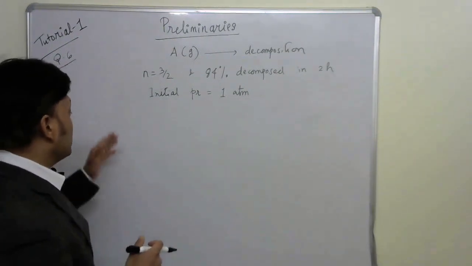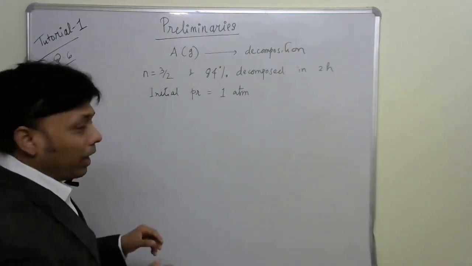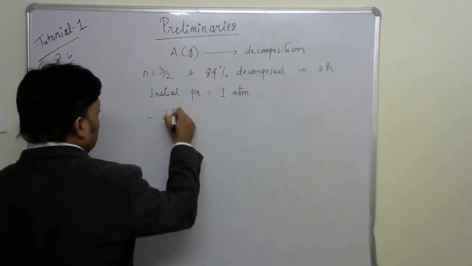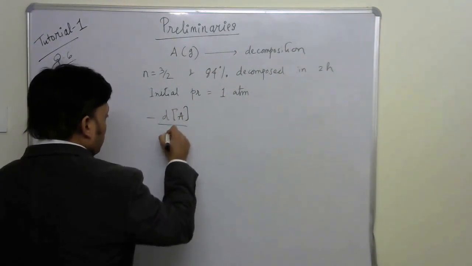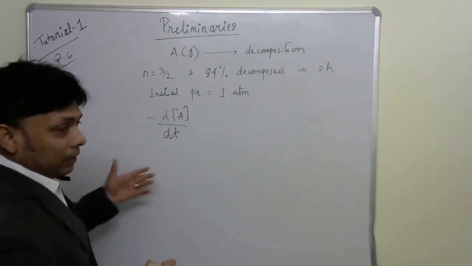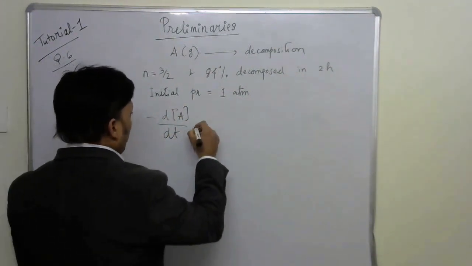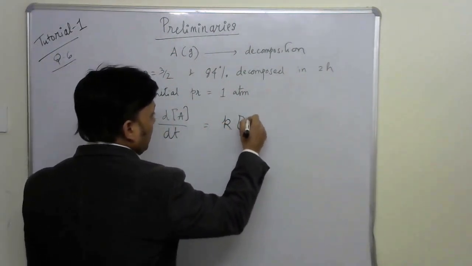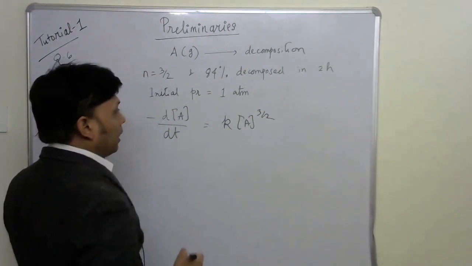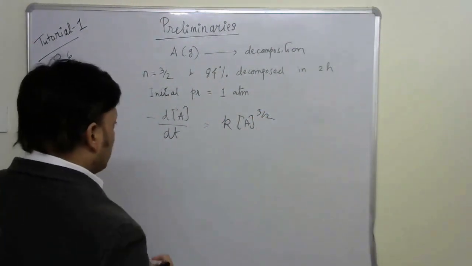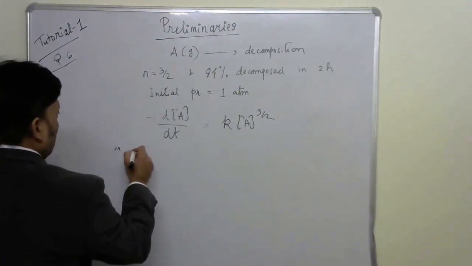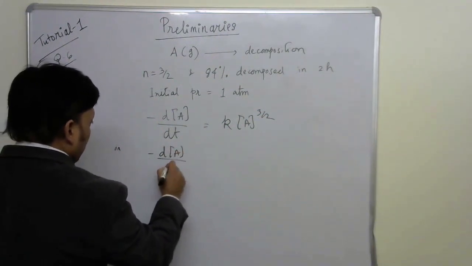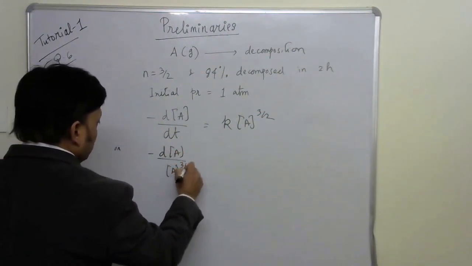Since it is a 3/2 order reaction, we treat it in terms of disappearance of the reactant, that is the gas itself. So -dA/dt is equal to K A to the power 3/2. Then we go like this: -dA / A^(3/2) is equal to K dt.